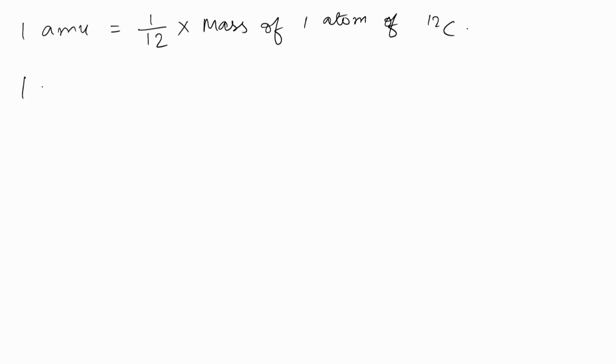So, the actual definition of 1 AMU is 1/12 times the mass of one atom of carbon-12. 1 AMU can also be written as 1 times the mass of one atom of hydrogen-1.